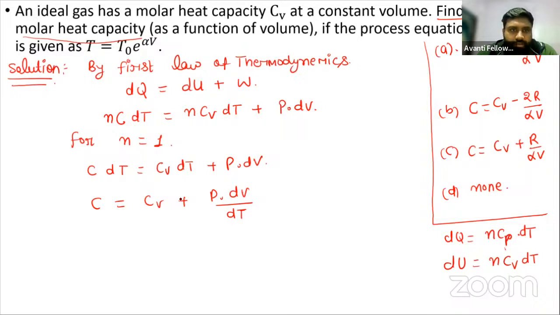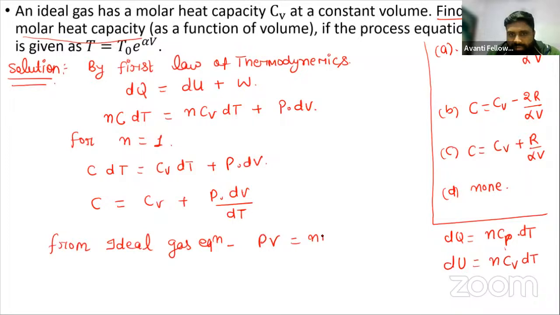Now, in the expression, if you see carefully, there is no pressure term. So we need to replace this with something else. From the ideal gas equation, we can say that PV is equal to nRT.